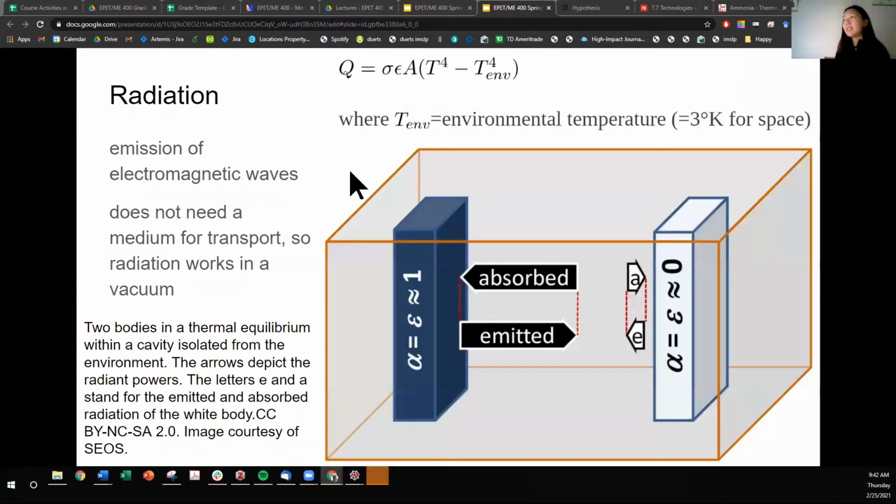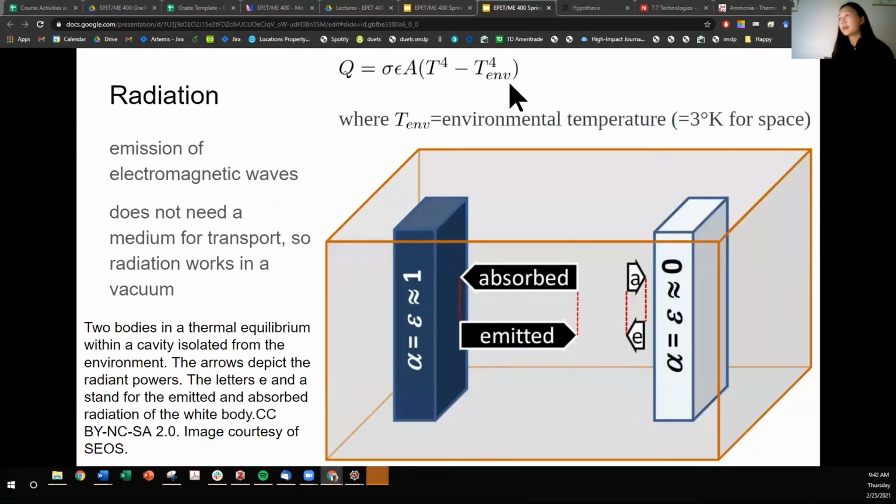All right, radiation. We are going to talk about radiation quite a bit today because it is pretty much the dominant force for heat transfer. Radiation is the emission of electromagnetic waves, and it does not need a medium for transport, so radiation works in a vacuum.